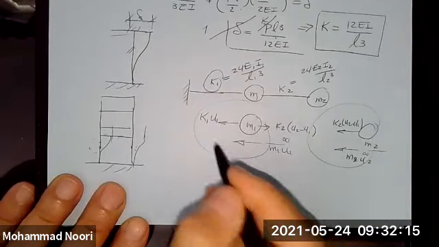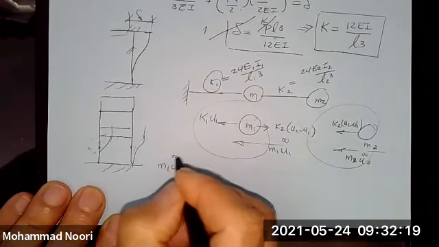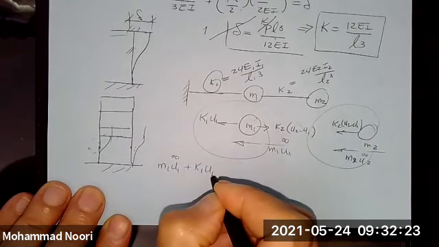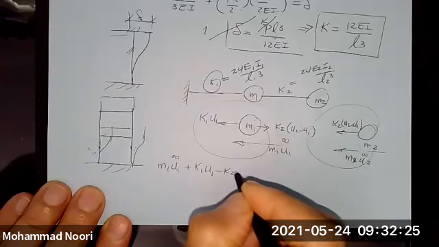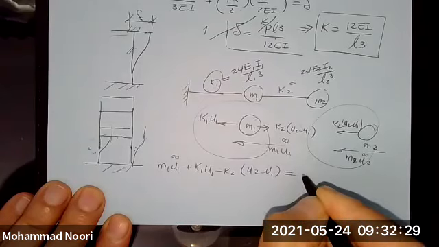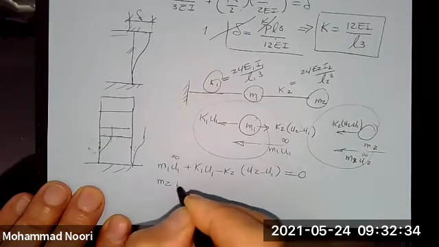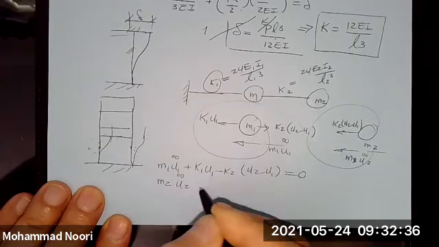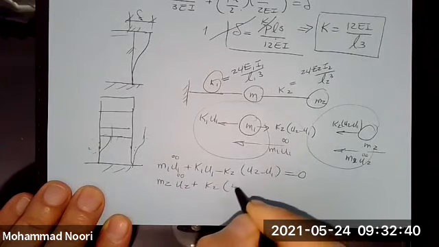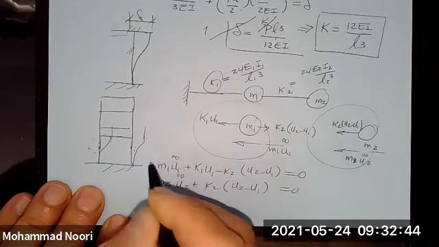Write the equation of motion for each. You get M1 U1 double dot plus K1 U1 minus K2 times U2 minus U1 equal to 0. You have M2 U2 double dot plus K2 times U2 minus U1 is equal to 0.